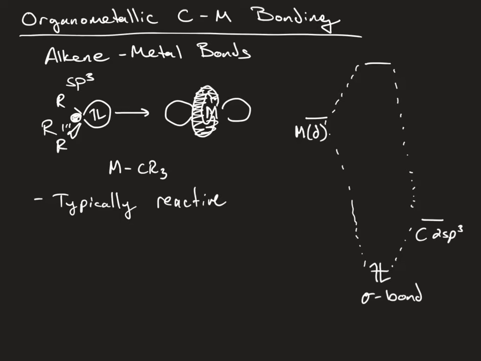Because they're reactive, they're often found as fleeting transient intermediates in organometallic reactions. But because of the reactivity, it also makes it an important bonding motif because this metal carbon single bond to an alkene is reactive, and it can lead to a lot of interesting chemistry downstream from the metal carbon bond.